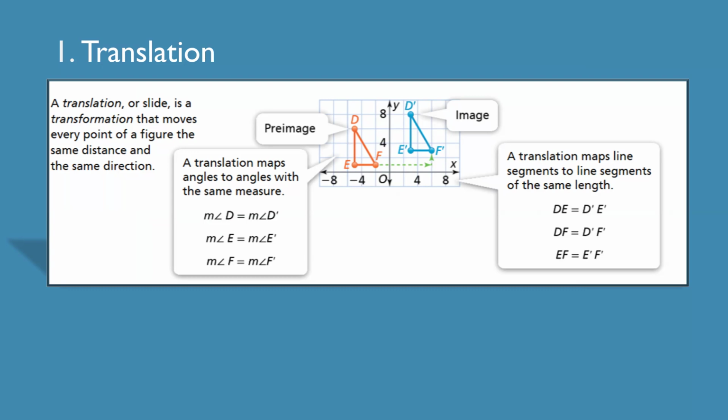When we translate any shape, we get an image of my shape. For the points here, for example, D becomes D prime, E becomes E prime, and F becomes F prime. Again, direction or orientation of my shape does not change, but position will change.